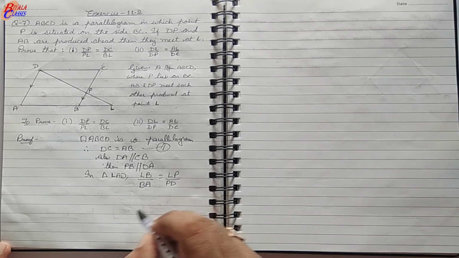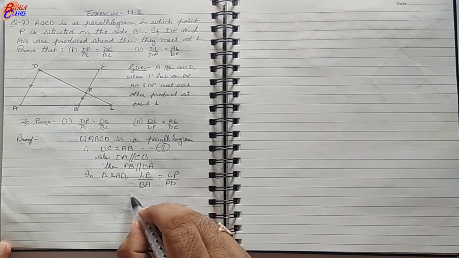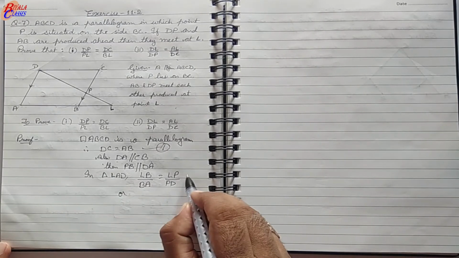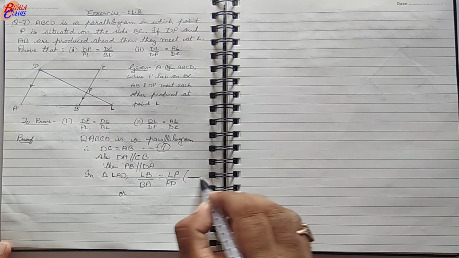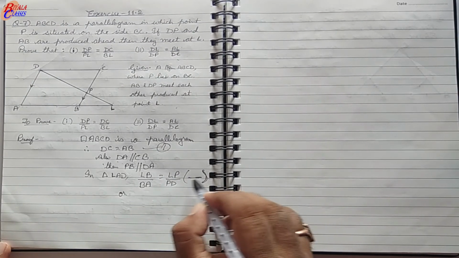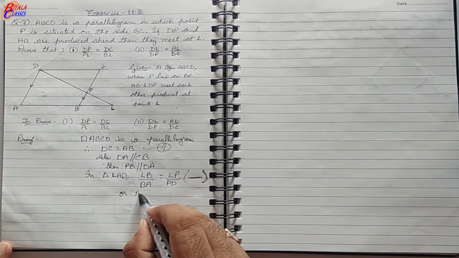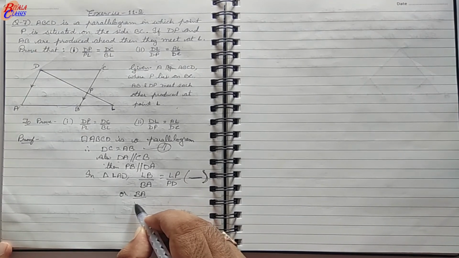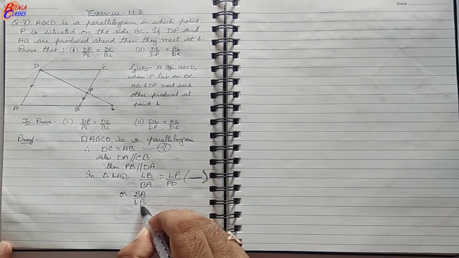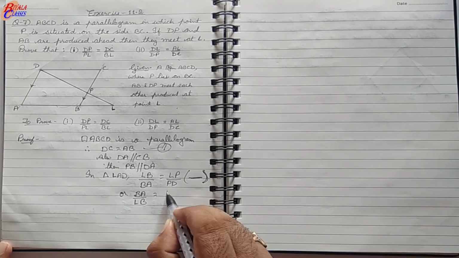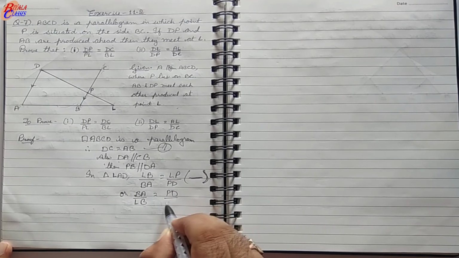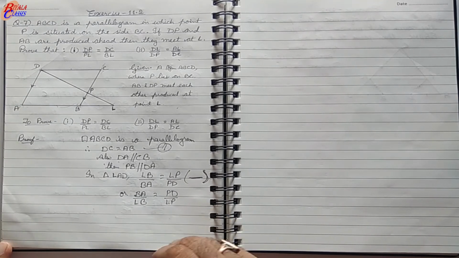Thus you know the reason why it is so. It is by using the basic proportionality theorem or the Thales theorem. Taking the reciprocal, you will rewrite it as BA upon LB equals PD upon LP.